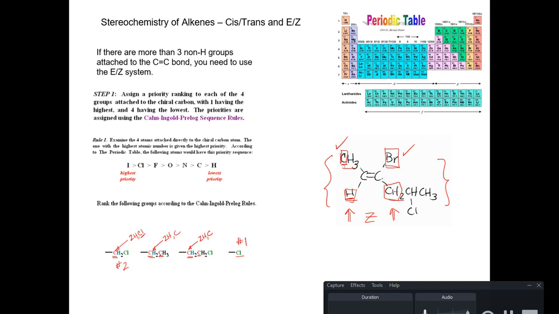So I'm going to look at this carbon versus this carbon, tie. What's attached to this carbon? 3 H's. What's attached to this carbon? 2 H's and a Cl. Who wins? This chlorine wins for that group. So this is number 3, and then this would be the number 4 priority group.